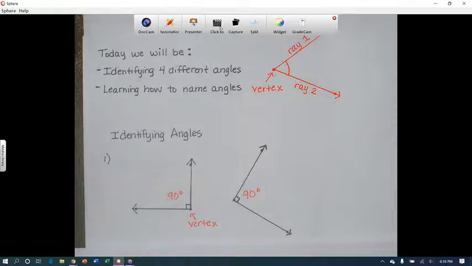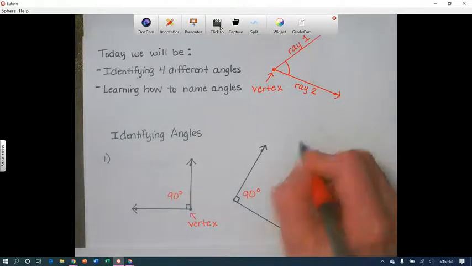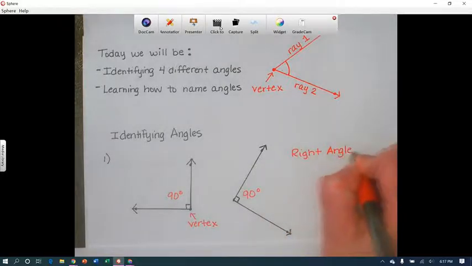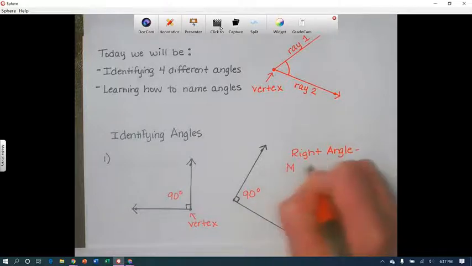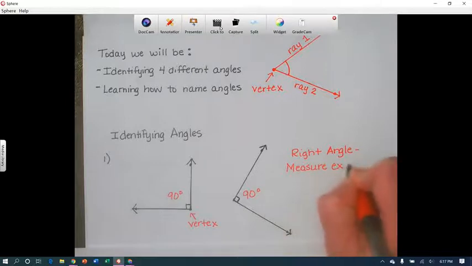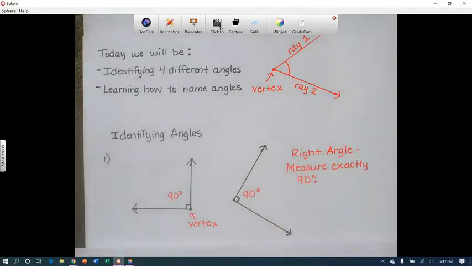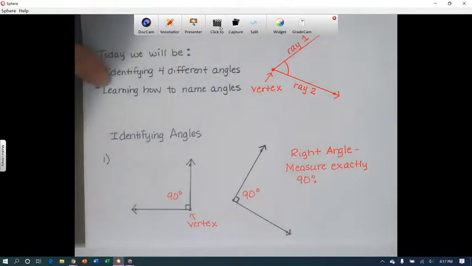So think about the corner of something, like the corner of a piece of paper makes a 90-degree angle. And what are those angles called? They are right angles. And a right angle has to measure exactly 90 degrees. Okay, moving on.